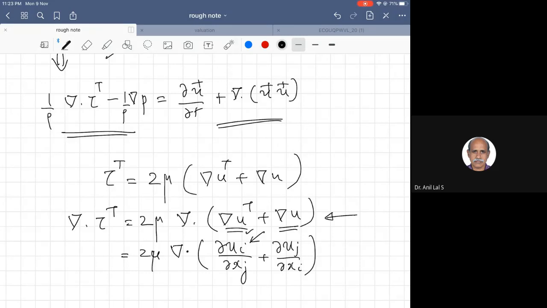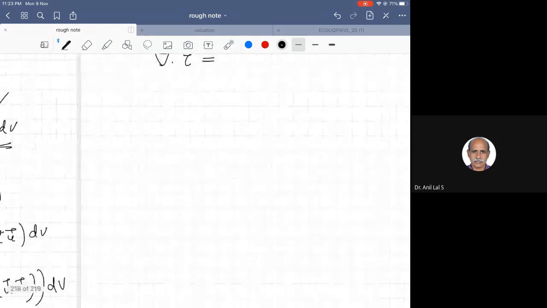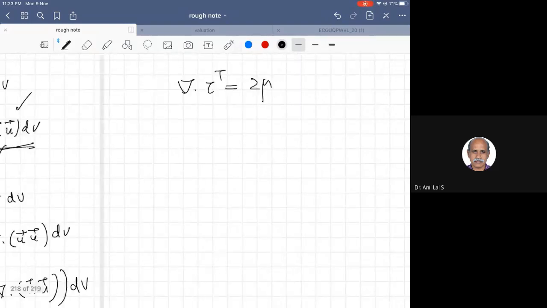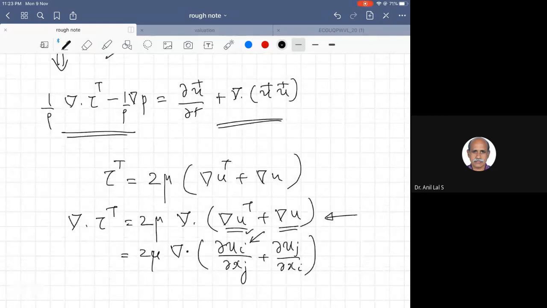So del dot of tau transpose is 2 mu del dot. These terms are actually tensors, but finally we want a vector having an ith component.